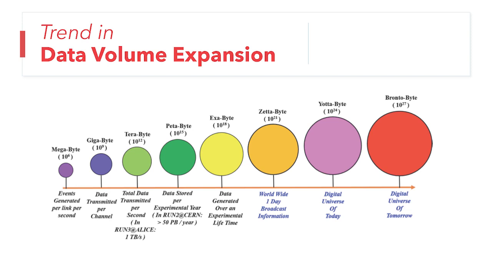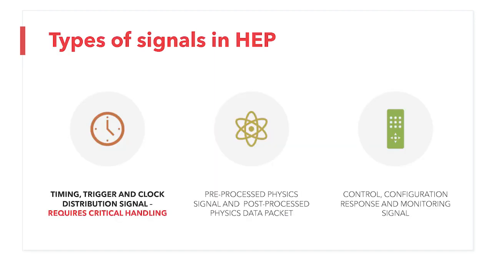In the next slide, I just want you to understand the types of signals broadly in high energy physics that are very critical. We can broadly group the high energy physics signals into 3 parts: timing, trigger, and clock distribution signals, which are commonly referred to as TTC signals. Second is the pre-processed physics signal or the post-processed physics data packet.